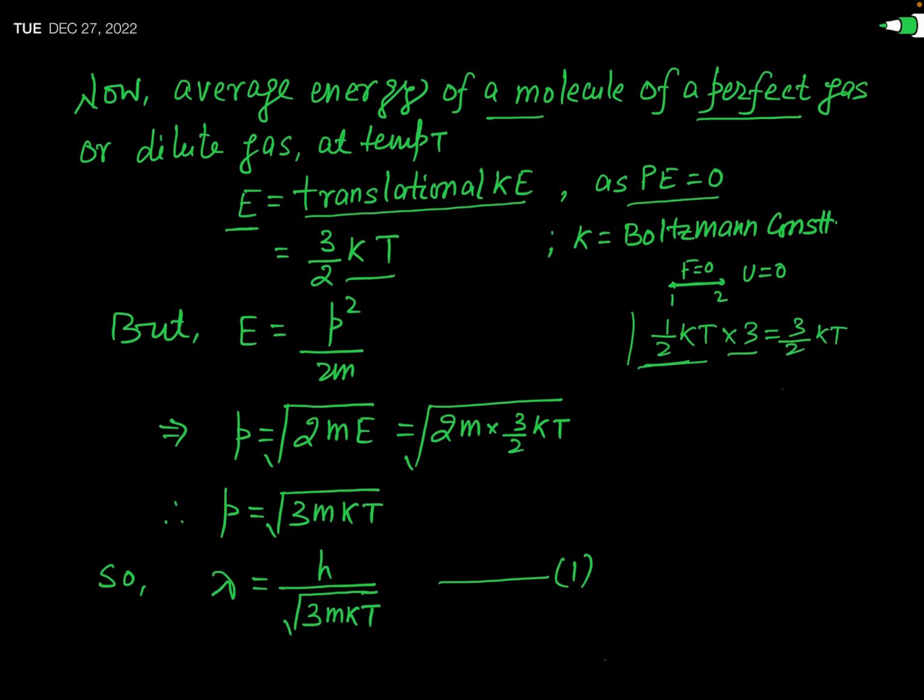Okay, so the energy of a molecule of a perfect gas in thermal equilibrium at temperature T is simply equal to 3 by 2 kT.